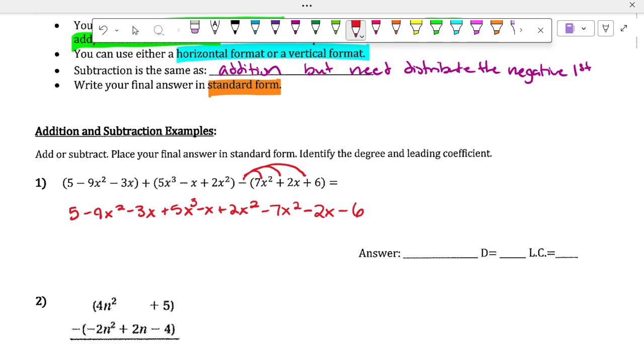What I mean by that is that when I'm trying to figure out where my like terms are, I either highlight them different colors or I draw different shapes around them. So if you don't have highlighters, draw a circle around one type, a square around another type, a triangle around another type, a heart around another type. All right. So I'm going to use different colors, but you're welcome to use different shapes as well. And if you want colors, there's some on the shelf if you want to grab them.